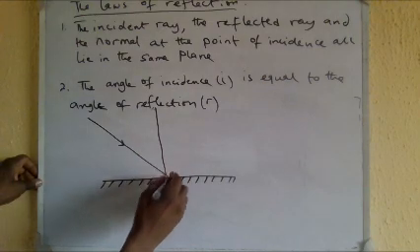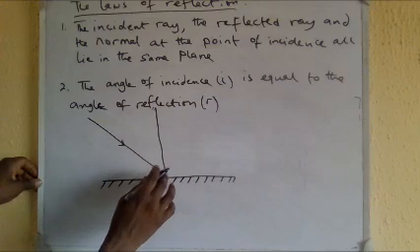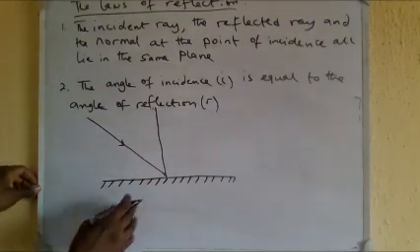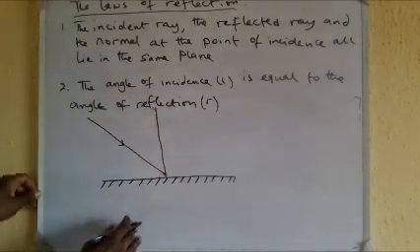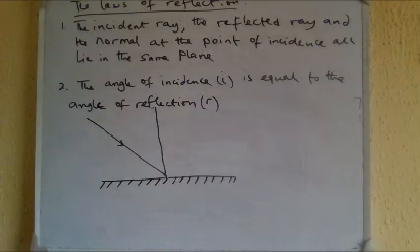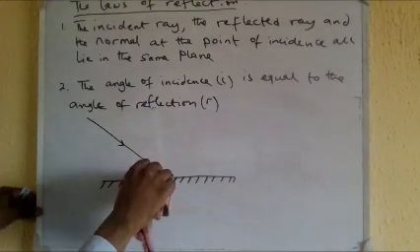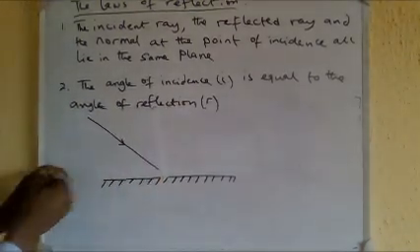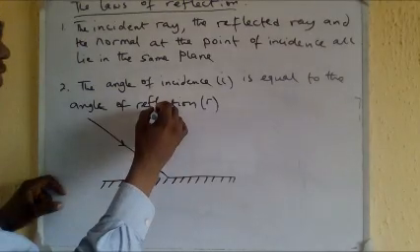Normal. That's normal from geometry. Normal is perpendicular, at right angle. Just have it in the back of your mind that normal is perpendicular. Let me do it well so that the geometry is correct. So this is the incident ray on this point. Then the normal.